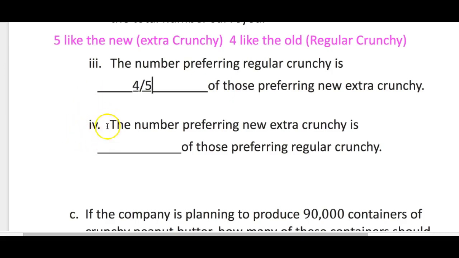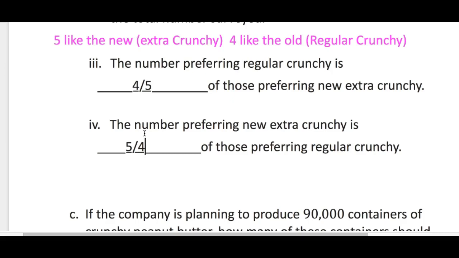IV, which is the Roman numeral for 4, says the number preferring new extra crunchy is some fraction of those preferring regular crunchy. Well, as you see, I've written this up here so that I just don't lose track of what we're working with. New crunchy would be 5, fraction bar, regular crunchy is 4. So we've done pretty good so far.